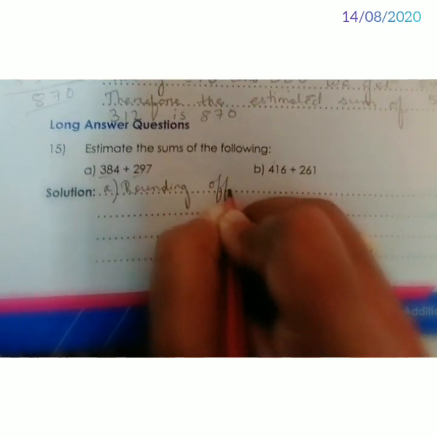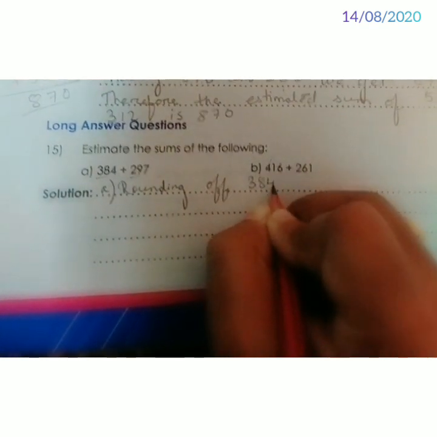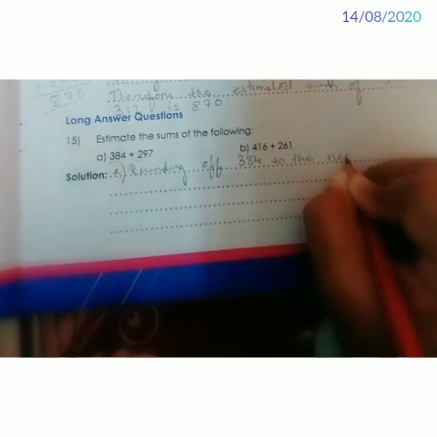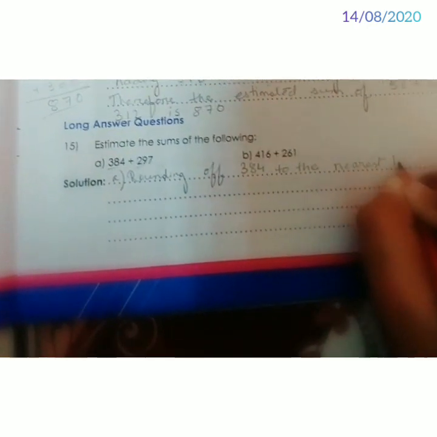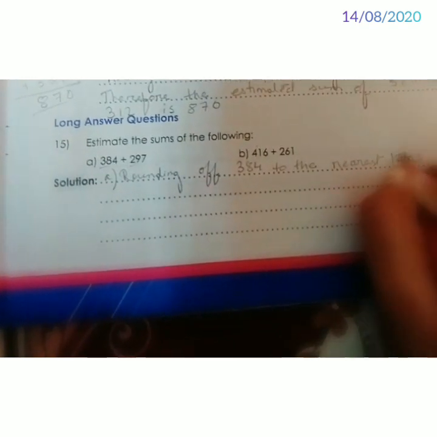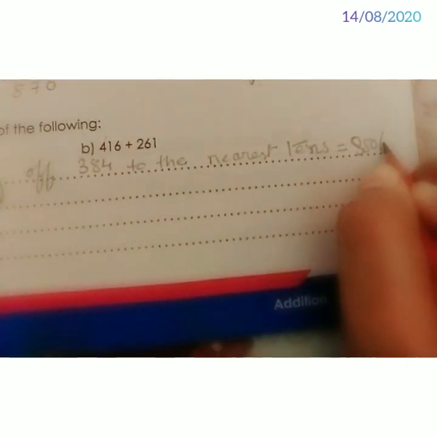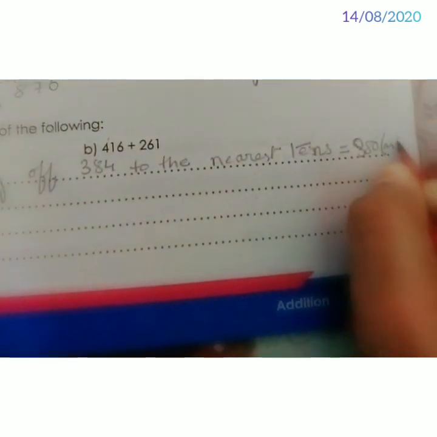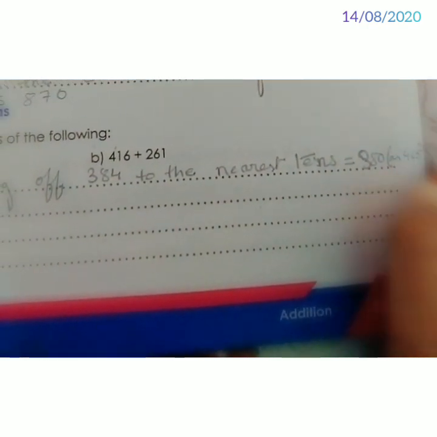Rounding of 384 to the nearest tens is equal to 380, as 4 is less than 5.